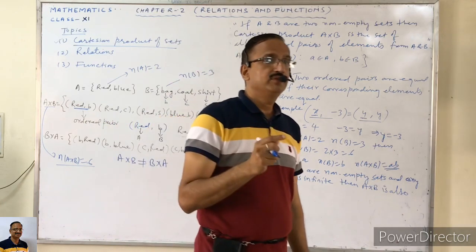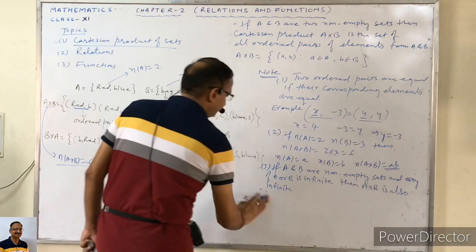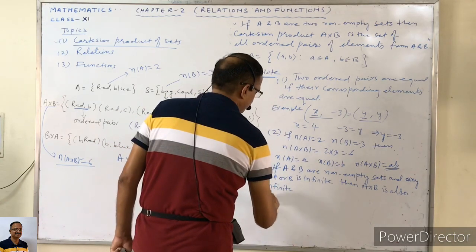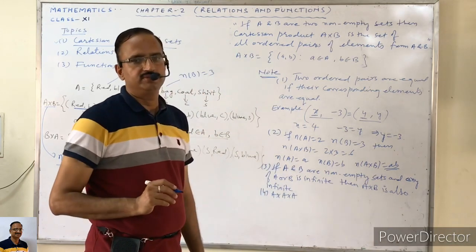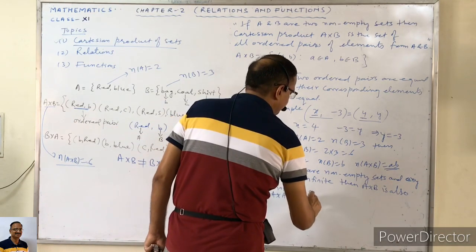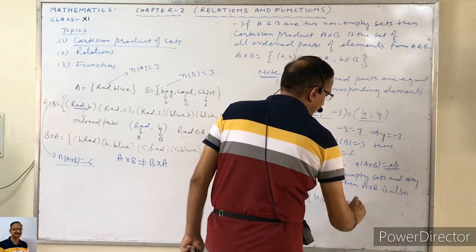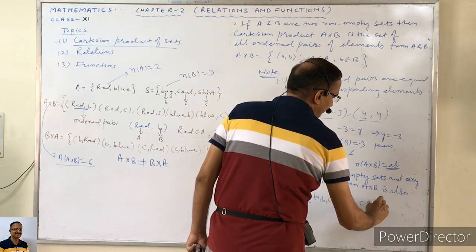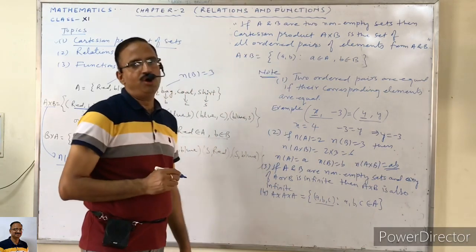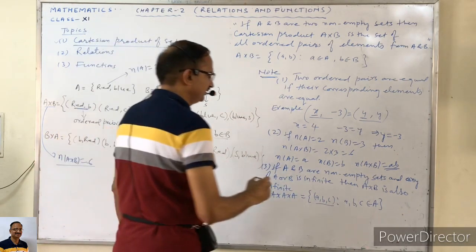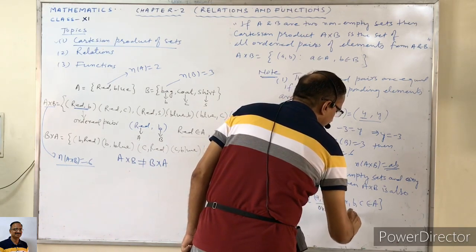But if we have a combination of three elements, for example, A cross A cross A, then we can write this as (a, b, c), where a, b, c belong to A. Then this is called an ordered triplet.